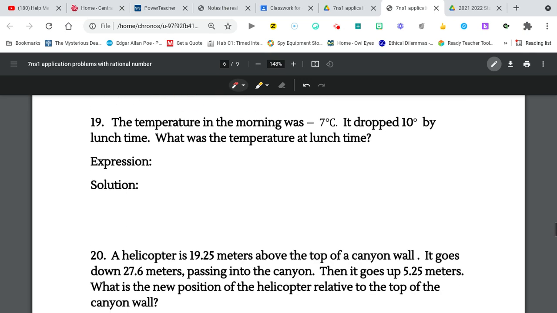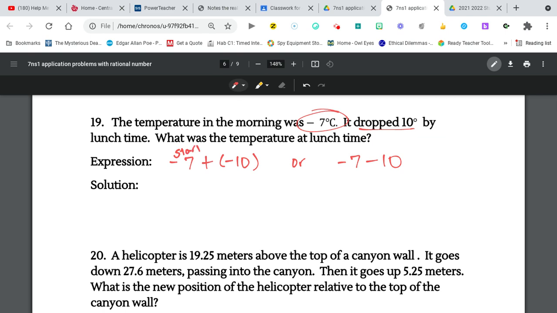Okay, let's look at 19. The temperature in the morning was negative 7 degrees Celsius. It dropped 10 degrees by lunchtime. So what was the temperature at lunchtime? Okay, so where did it start? It started at negative 7. To drop 10 means I can add negative 10, or I can write negative 7 minus 10. It also represents a drop.